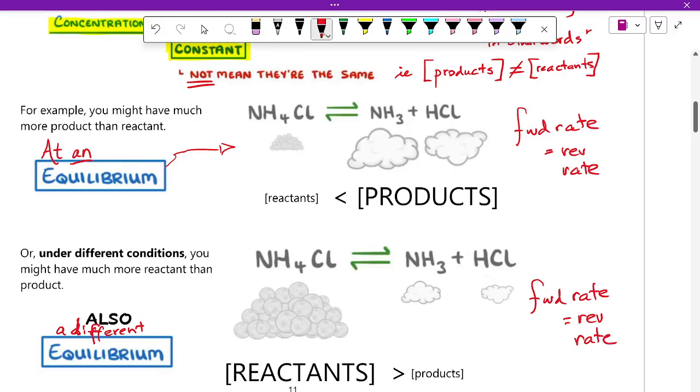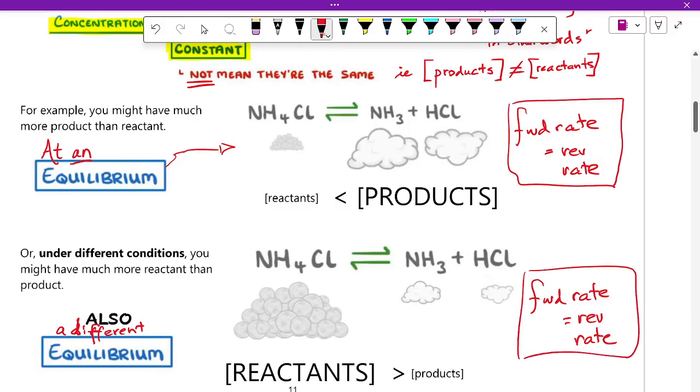And the concentrations do not change. Is that good? Okay.